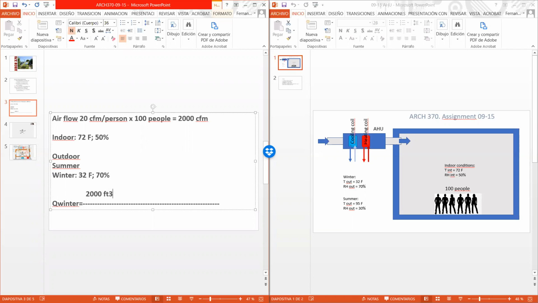So this is cubic feet per minute, so it's divided by minute. But we have to work with BTU per hour. So at the end, the final units have to be something in BTU over hour. So we're not working with minutes. So now we have to multiply this times 60 minutes divided by hour.